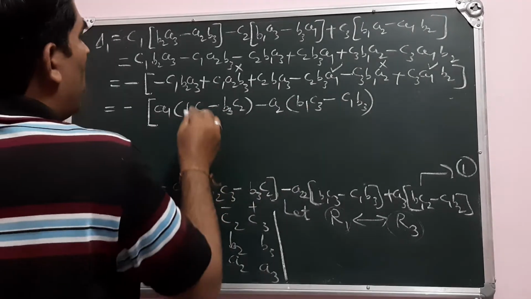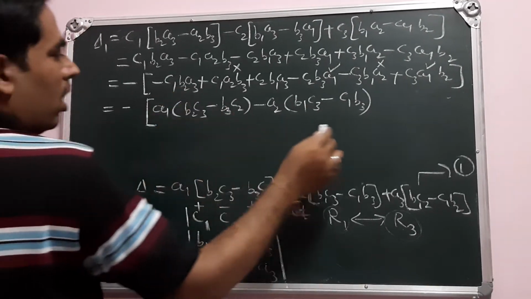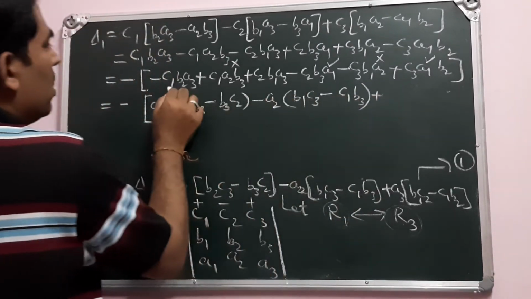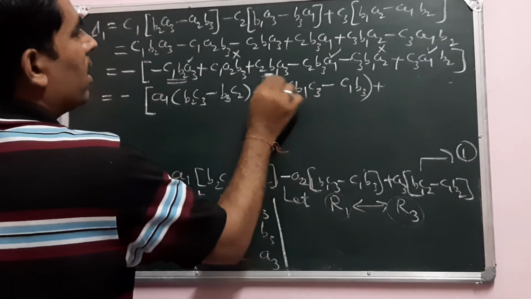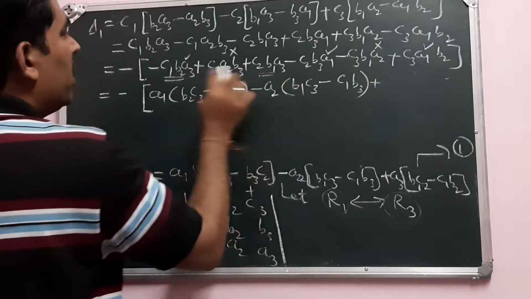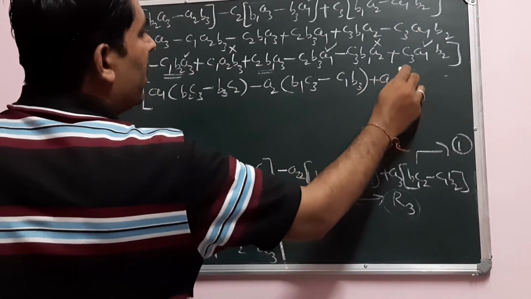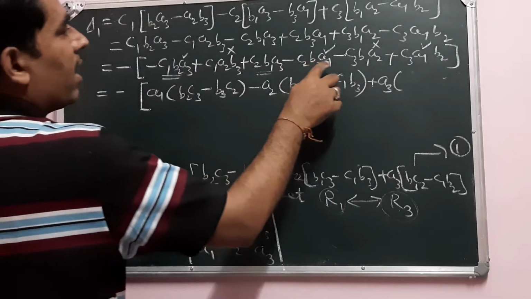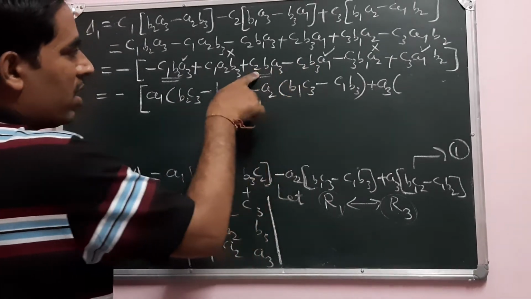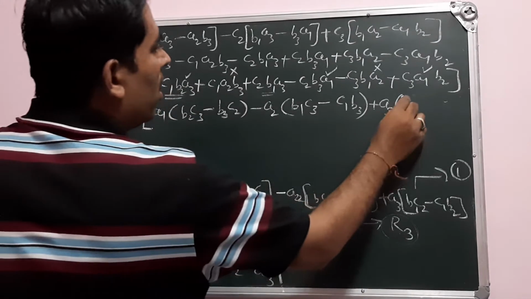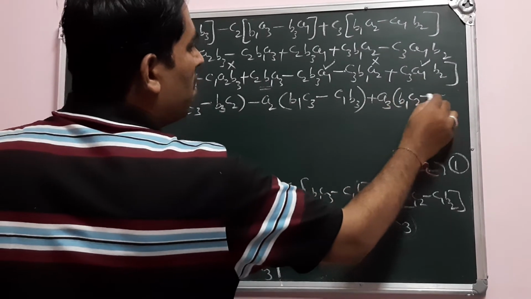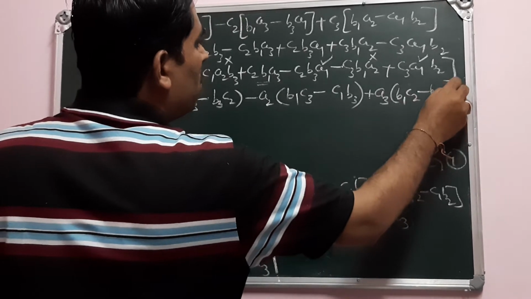Okay, then what are the terms remaining here? Plus A3: from these two terms I can take A3 common here. So I will get plus A3 into B1 C2 minus B2 C1.